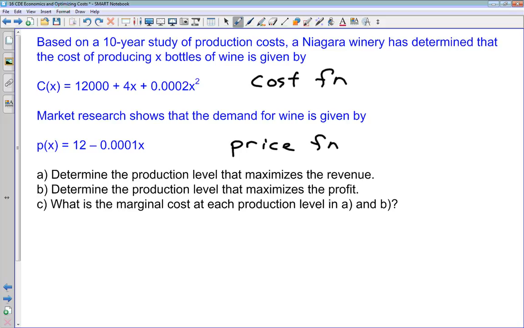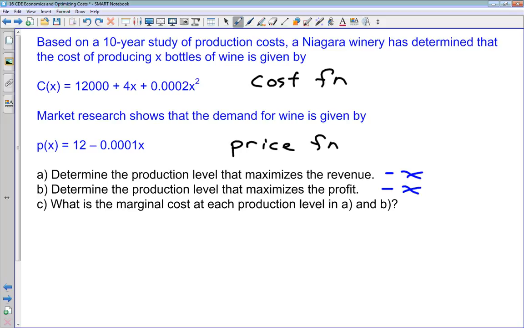And we want to figure out what is the marginal cost at each of these 2 production levels that we have found in A and B. So if it's asking us for a production level, our final answer is going to be a value for X. Okay, because X is going to be the number of units that we are producing here.